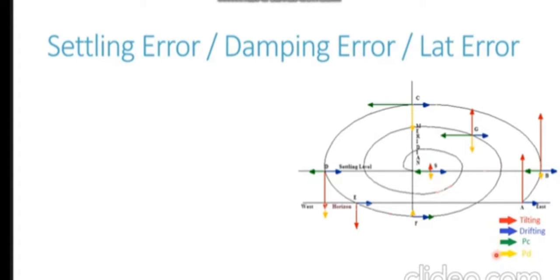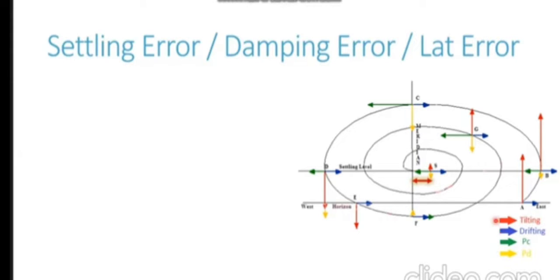Both these, that is the control precession and the damping precession, were brought in by us to first control the motion of the free gyro and then later on dampen the motion of the free gyro to make it north seeking so that it settles down at one particular location.